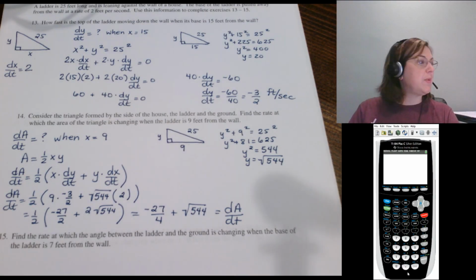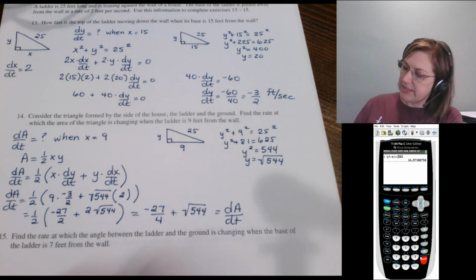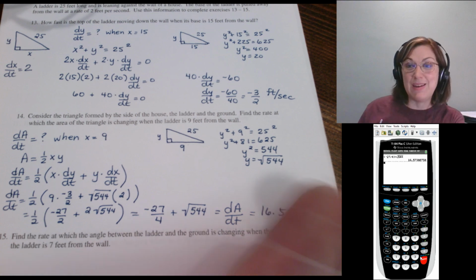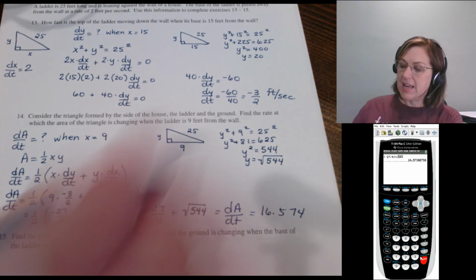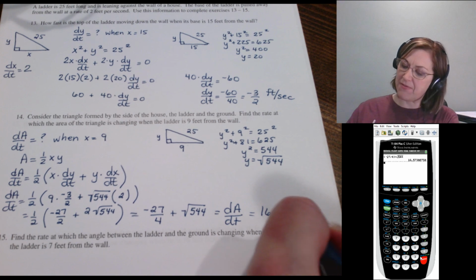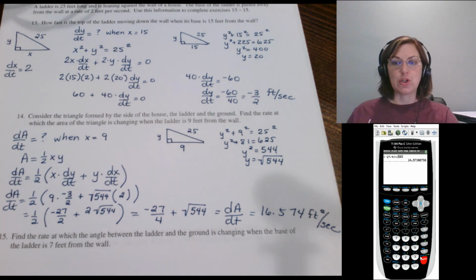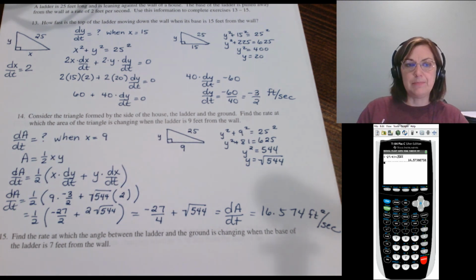I've got negative 27/4 plus the square root of 544. Press enter. We get 16.574. Remember, AP requires 3 decimal places. And this is an area, so we're going to have feet squared, or square feet per second, as our units here.